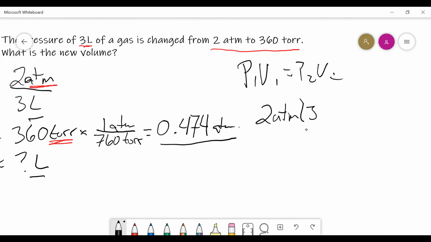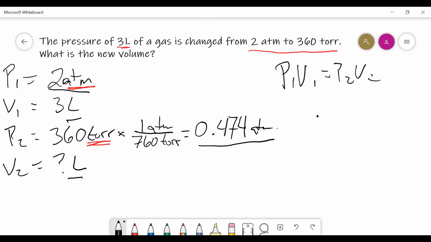times our volume, which is 3 liters. Okay, so again, we have 2 atmospheres times 3 liters equals 0.474 atmospheres times V2.